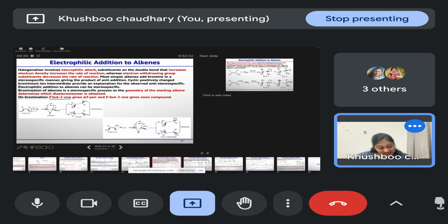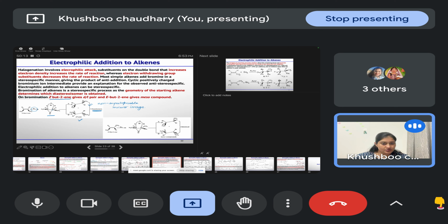If it attacks from the A face, we get this product, and if it attacks at the B carbon, we get this product. Now these two are mirror images of each other, non-superimposable mirror images of each other. So we will call them enantiomers.